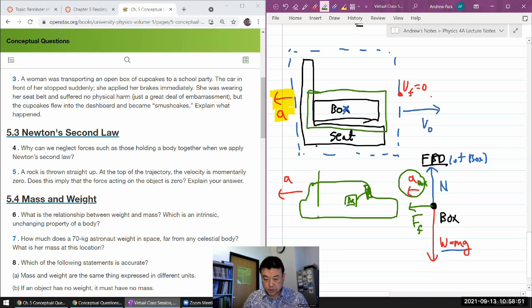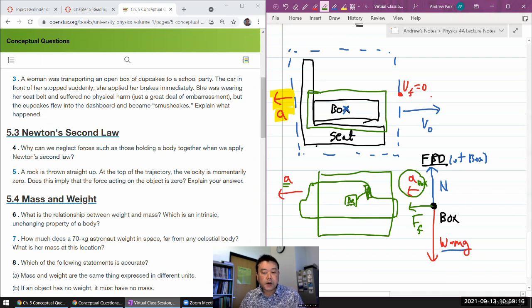So this situation here is best described as the car accelerating backward. And in the situation where a box flies forward and smashes to the front of the car, that box is not accelerating backward as much as the car is. So the box doesn't fly forward.